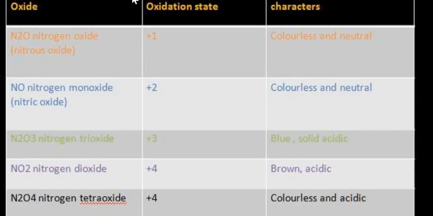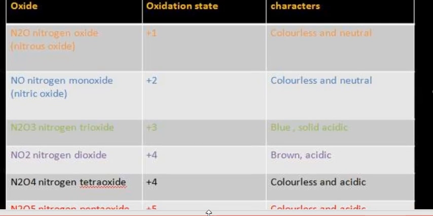First is nitrous oxide, which has oxidation state +1, and this nitrous oxide is colorless and neutral. Nitrous oxide is colorless and neutral.